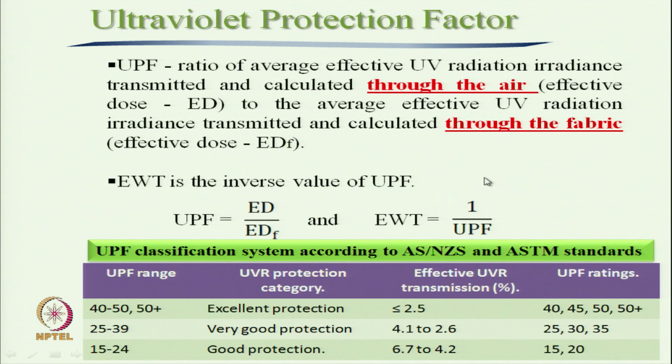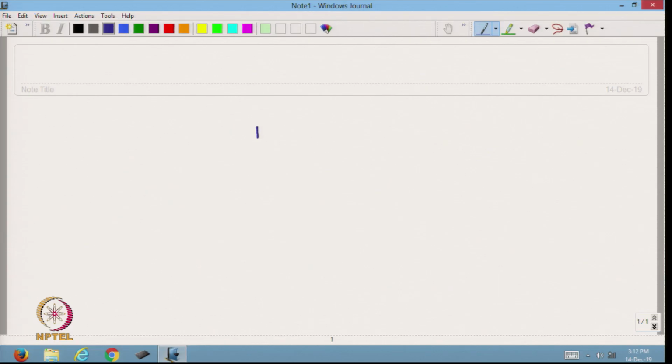First, let us try to understand the UPF, ultraviolet protection factor. This is the ratio of average effective UV radiation irradiance transmitted and calculated through air to the average effective UV radiation calculated through the fabric. Now, let us see, this is fabric and here there is no fabric, it is through air.